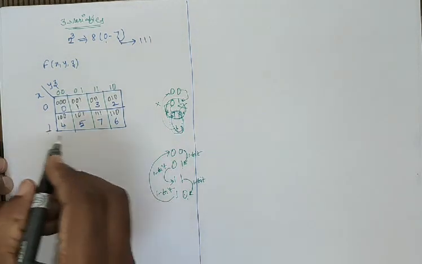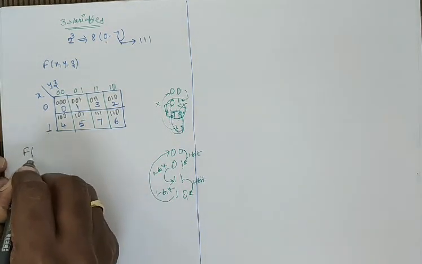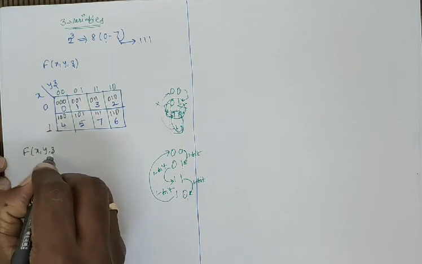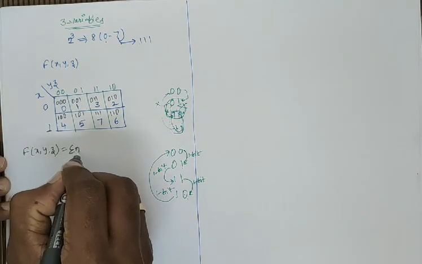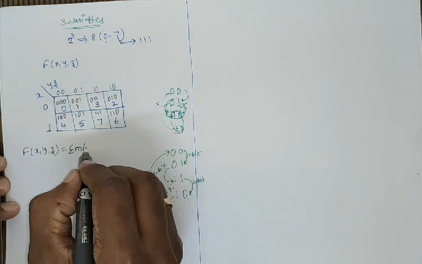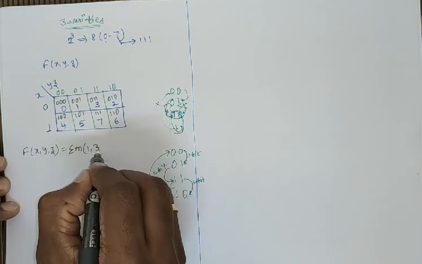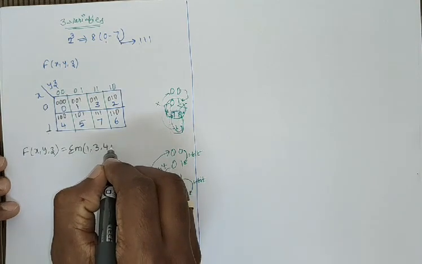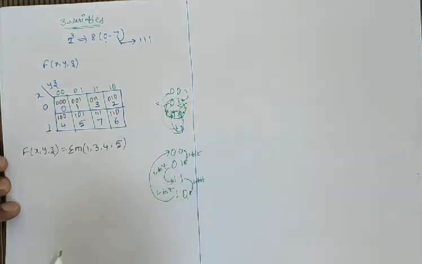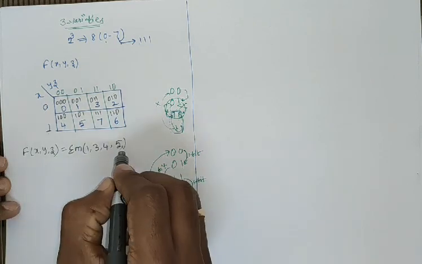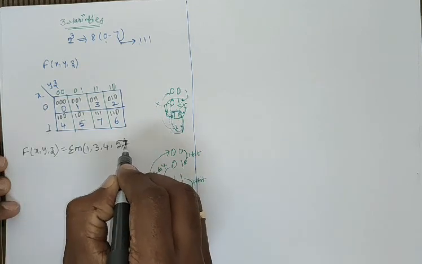Now we'll see how to map the terms. I am writing the function F(x, y, z) equal to summation m of 1, 3, 4, 5, and we can consider 7 also.